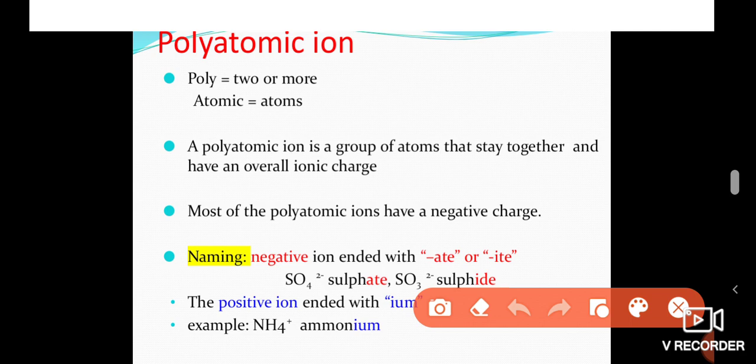Here SO4 2- is known as sulfate. SO3 2- is sulfite. A positive ion is simply endowed with the ending IUM. Example, NH4+ is known as ammonium. It is a positive ion, so it simply ends with IUM, ammonium.